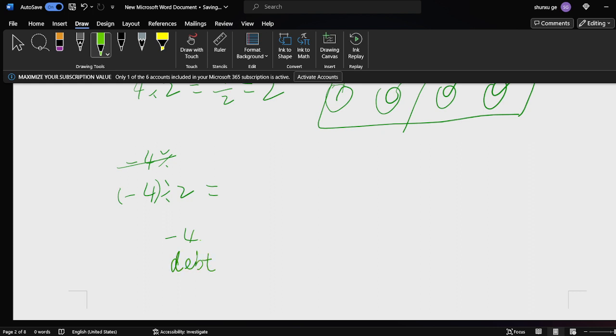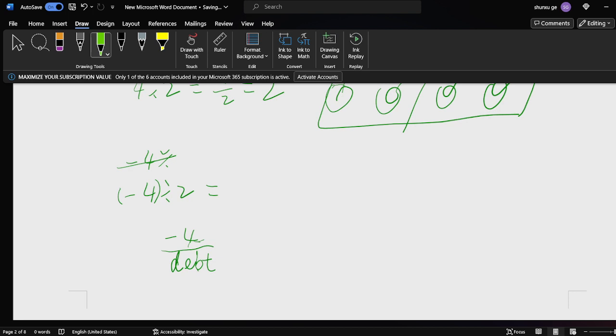Your debt is $4. You should write debt as negative, and credit as positive. So now your debt is $4, we should write negative 4. But you want to pay them back in 2 days.